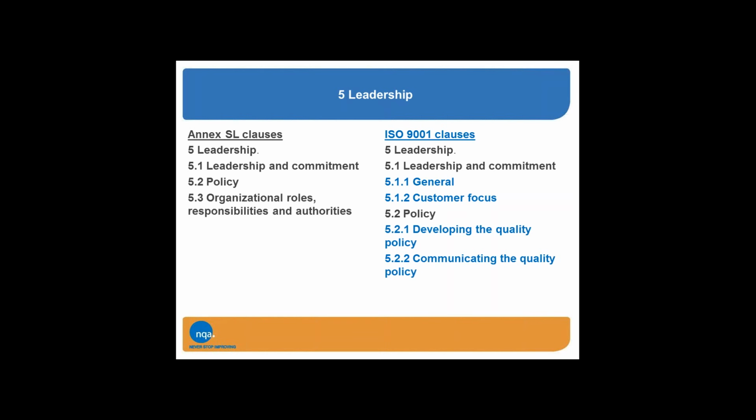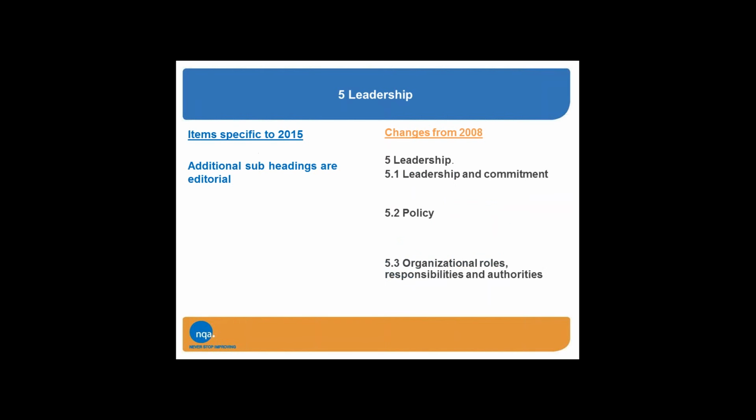Organizational roles, responsibilities and authorities carries over directly from Annex SL, and again this is a generic management system requirement, not specific to 9001 but obviously reproduced within 9001.